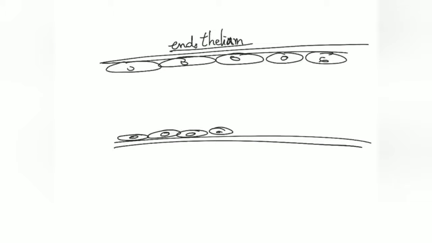So again, we're going to make a bigger picture here. Here's the vessel, and right here at the wall of the vessel, you have these cells called endothelium. That's a U, endothelium. These cells are the ones that protect the walls of the arteries from damage.